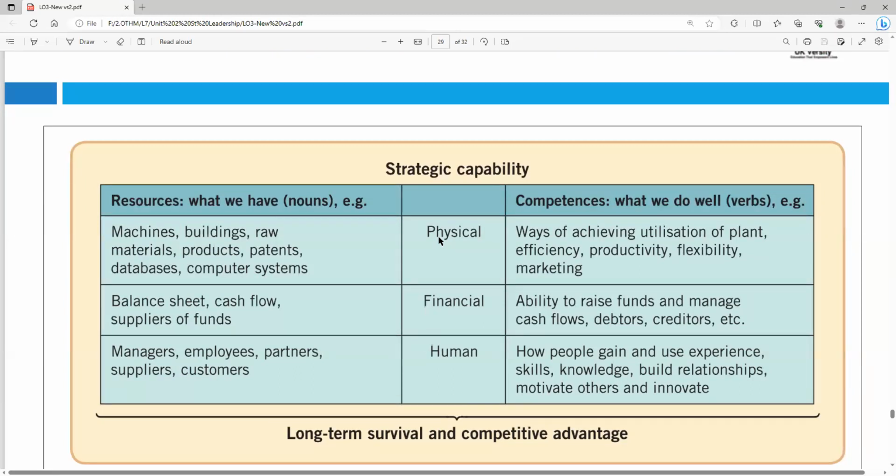Now, physical components consist of, for example, resources, materials, products, machines and buildings. How efficiently are we using these resources to stay competitive? How are we using our machinery?